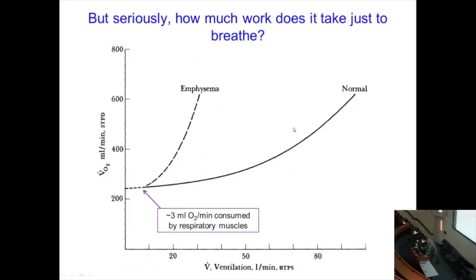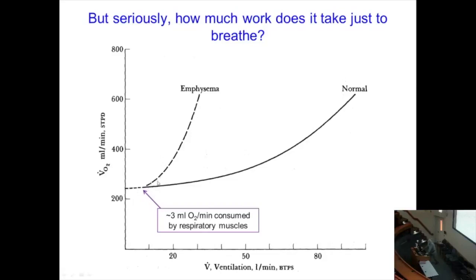When you do increase your respiration, you can see that now the respiratory muscles are consuming, let's say, 600 milliliters of oxygen per minute. So the respiratory muscles are now consuming more than the rest of your body combined. That can become significant, and it's especially significant in a patient with emphysema because, due in part to the increased dead space and to the problems they have with expiration, they have to do a lot more work to increase their oxygen intake.